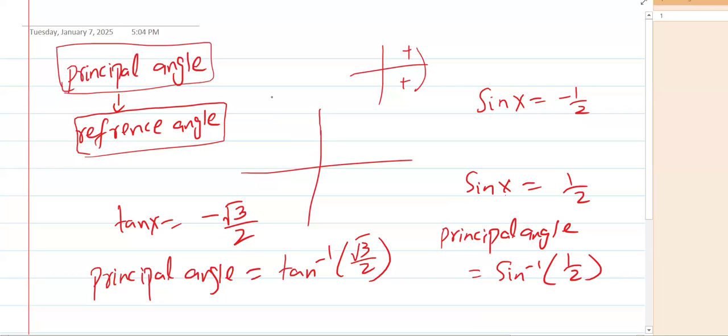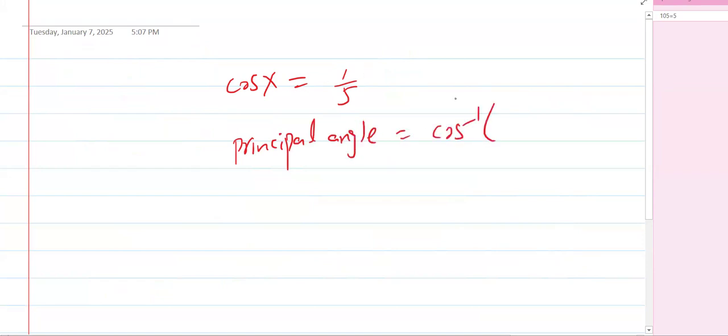Let's say you have cos of x is equal to 1 over 5. So what will be the principal angle? It will be cos inverse of 1 over 5.